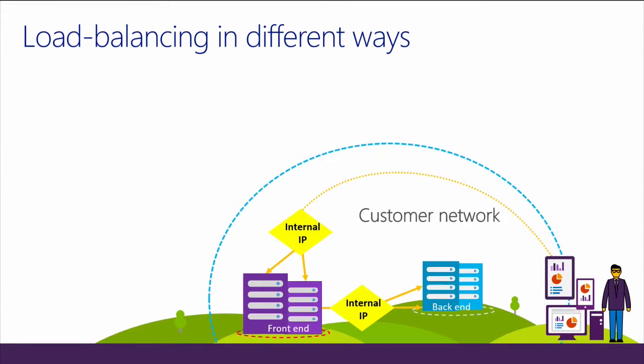In addition, you can use the internal IP address to control load balancing to the back-end network. And so again, here we're showing the example of using a front-end network, connecting into the back-end network using an internal IP address. And these would all be configured within an Azure Virtual Network.